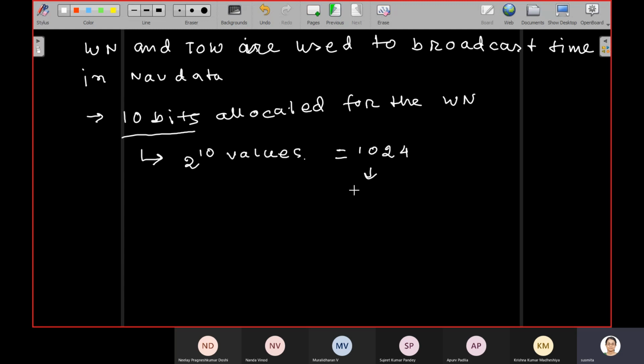The week number starts from 0, so we can have week numbers 0 to 1023 because of the limited number of bits assigned. So there can be 1024 different values, and since it starts from 0, the maximum value is 1023. When the week number reaches 1023 and is incremented by 1, it is reset to 0.